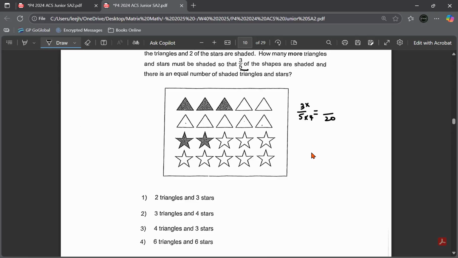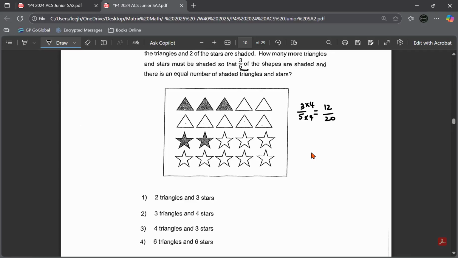So I times 4, which means I need to make sure my entire picture has 12 over 20 shaded, but I must have an equal number of triangles and stars. So triangle over here has 3 shaded. Stars have 2 shaded.